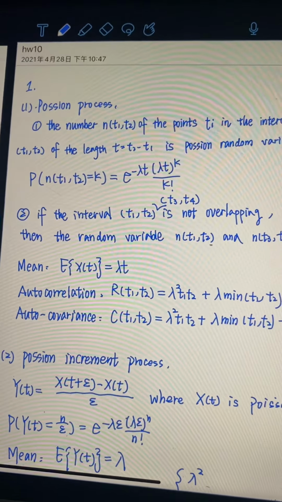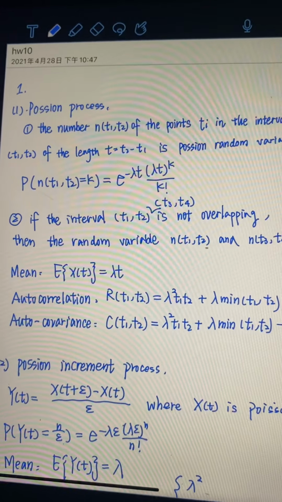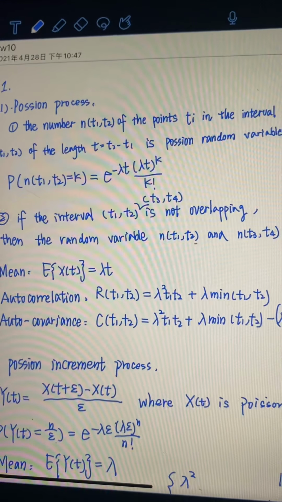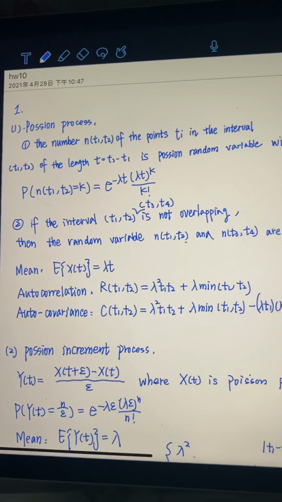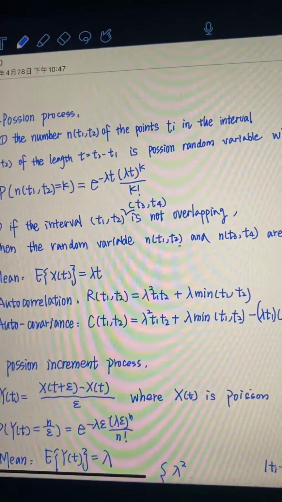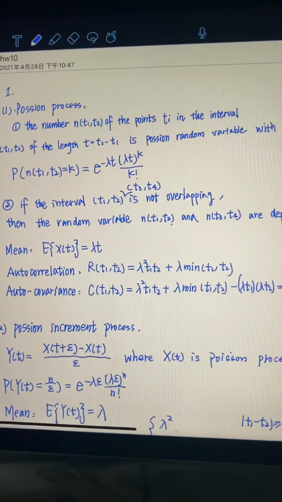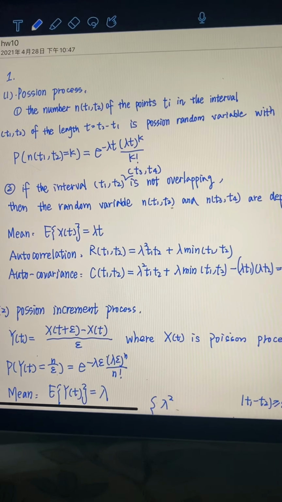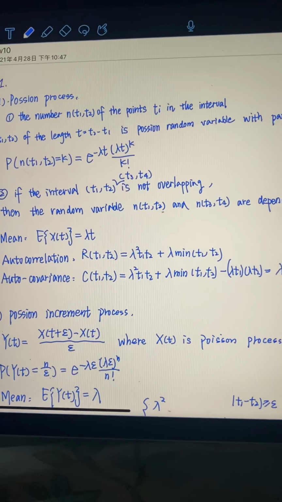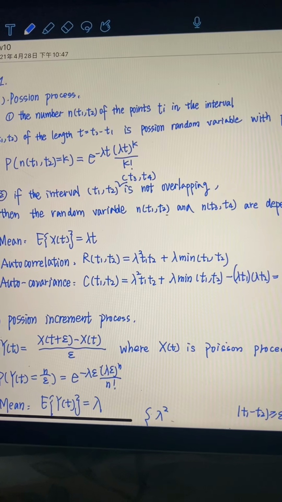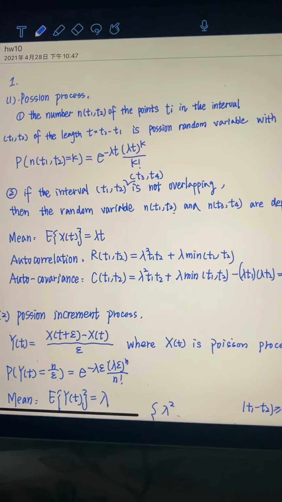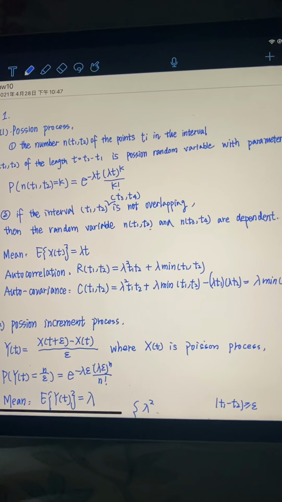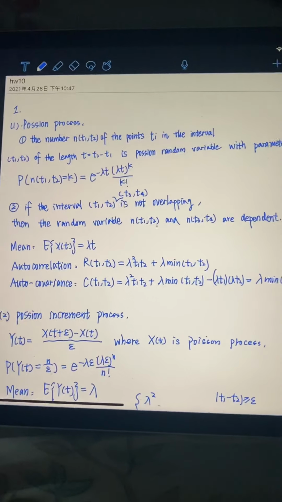From the lecture notes, the collection definition and simple properties of examples of stochastic processes. First is the Poisson process. The number n(t1, t2) of the points ti in the interval (t1, t2) of length t equals t2 minus t1 is a Poisson random variable with parameter lambda t.